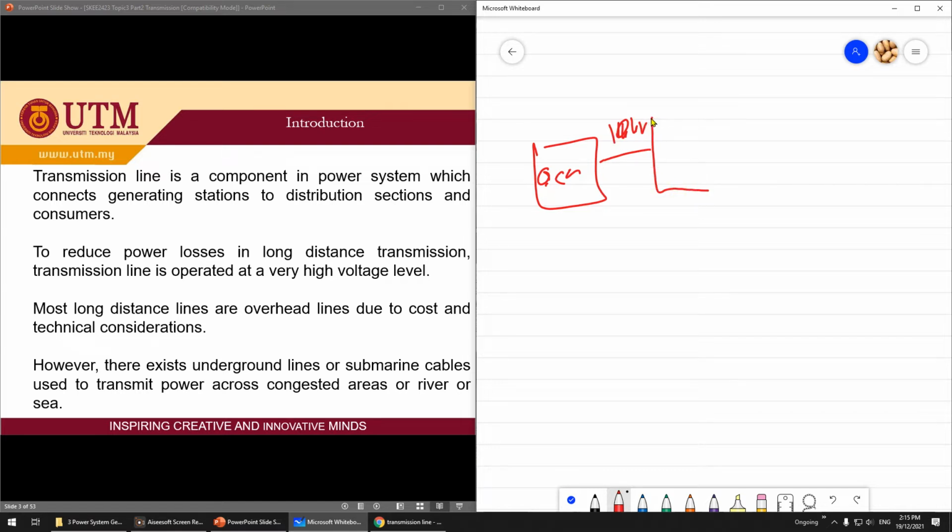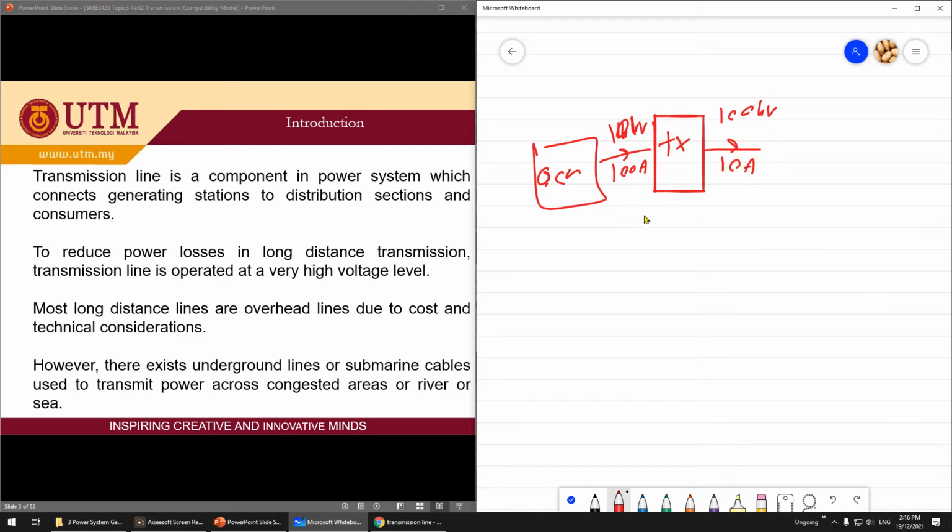You have a transformer and you increase it to, for example, 100 kV. Here it is 10 kV, 100 ampere. If you increase the voltage, the current will become 10 ampere.